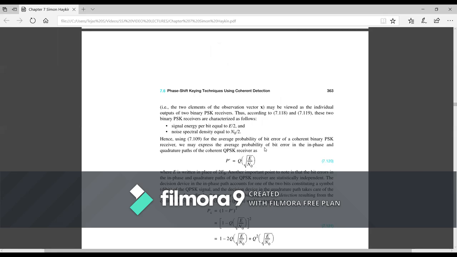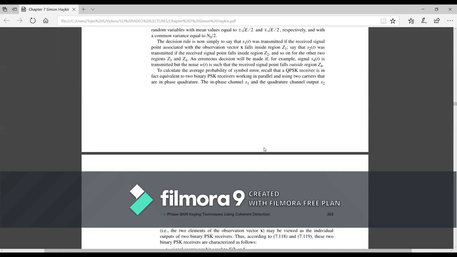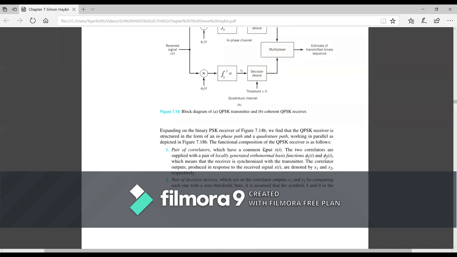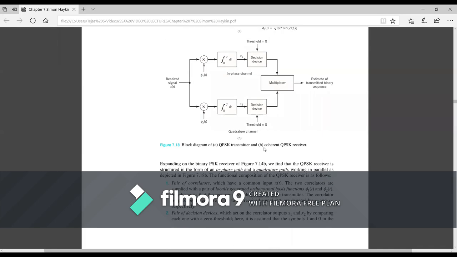If you look at the receiver diagram of QPSK, the in-phase channel output is X1 and the quadrature channel output X2, which may be viewed as the individual outputs of 2 binary PSK receivers. These are characterized with signal energy per bit equal to E by 2 and noise spectral density N0 by 2.